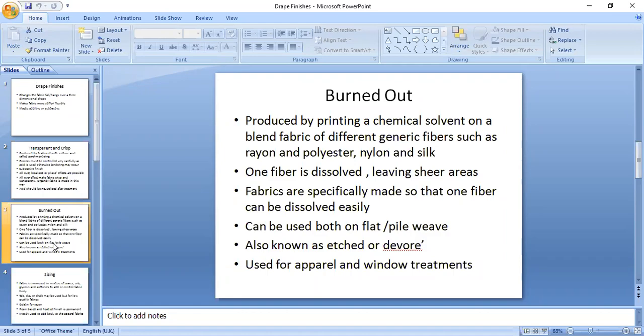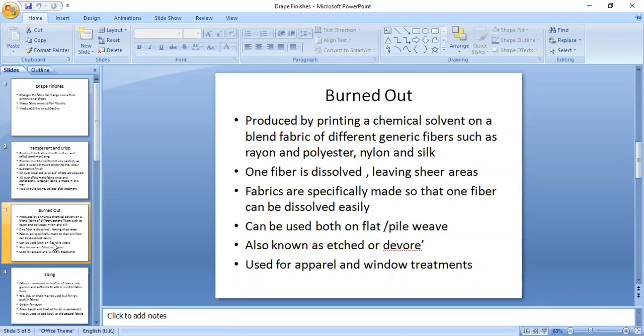Now, this is the blend, and when we put it into the acid bath, one fiber is usually more sensitive, and that fiber portion will be dissolved, and in this way it will leave sheer or transparent areas.